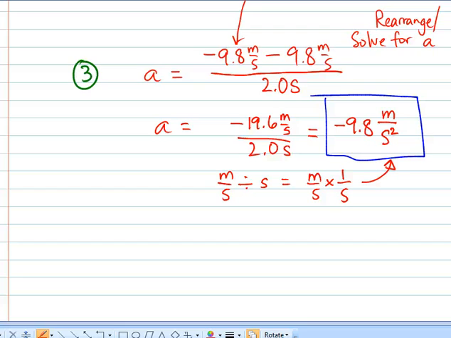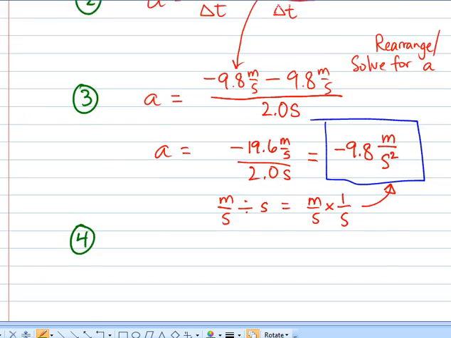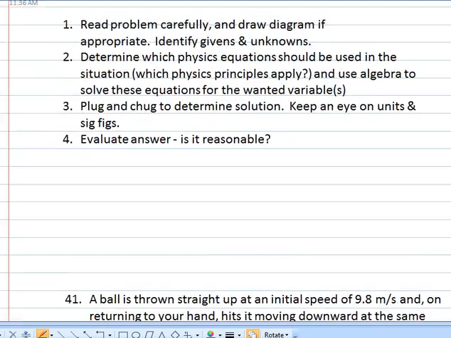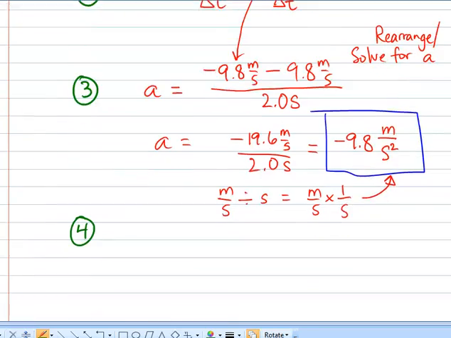Okay, and now for the final step, we're going to think about, right, does this answer make sense? So we're going to evaluate the answer. So this step is evaluate. Well, at some point we're going to learn that objects in free fall, in other words, objects that are only acted upon by gravity, have a vertical acceleration of negative 9.8.